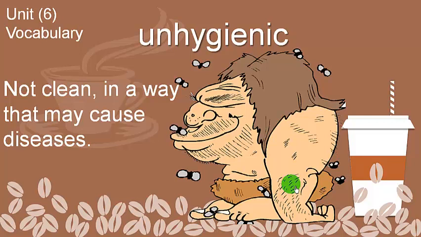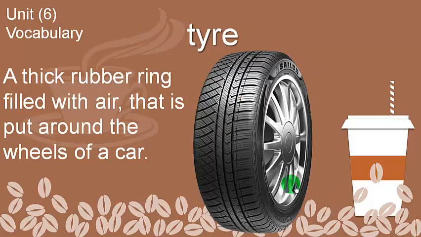So it's not clean in a way that may cause diseases. Unhygienic. Good. What about a tire? Well, the tire is the thick rubber ring filled with air that is put around the wheels of the car. Really simple, really straightforward. So guys, this is a tire, the tire of the car. Good.